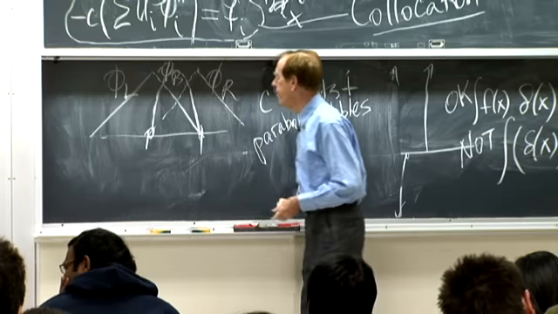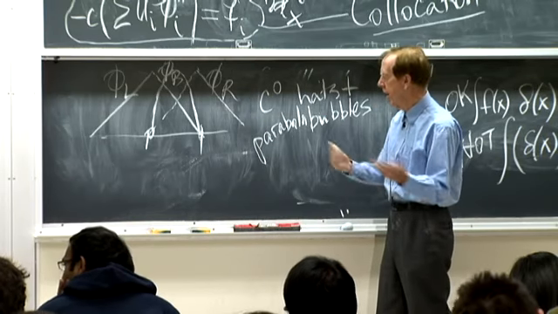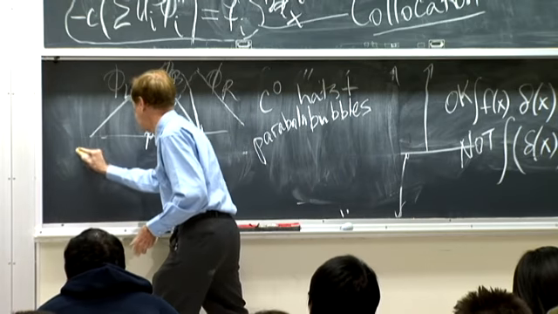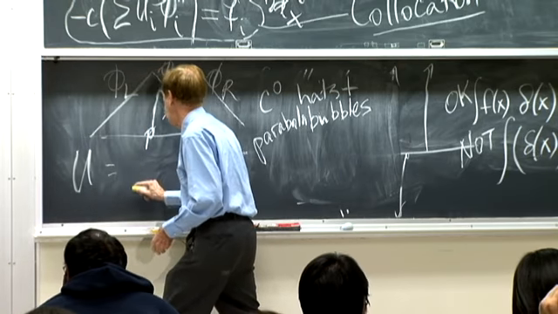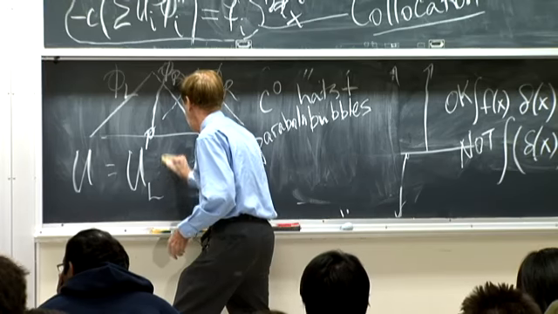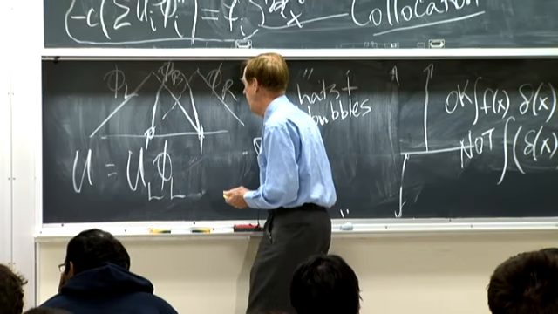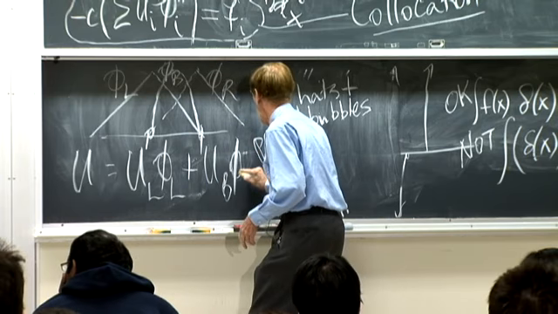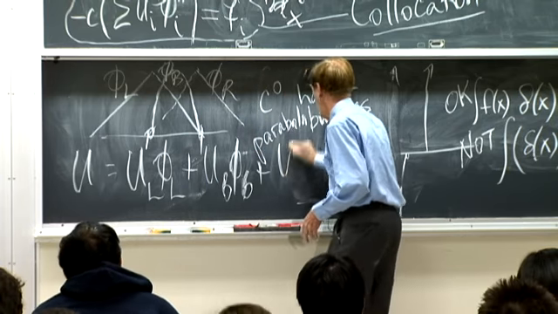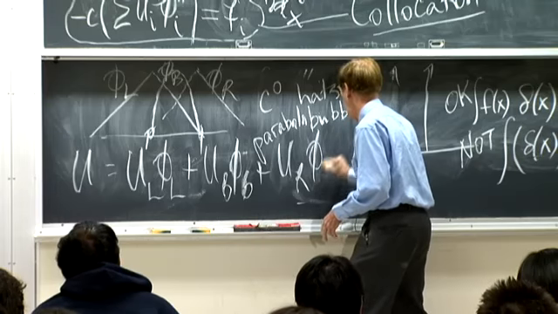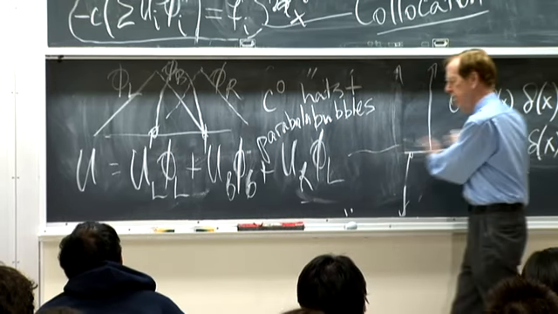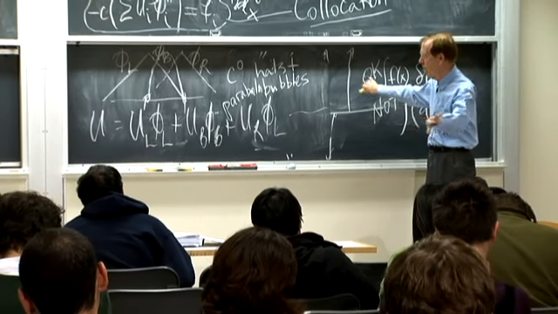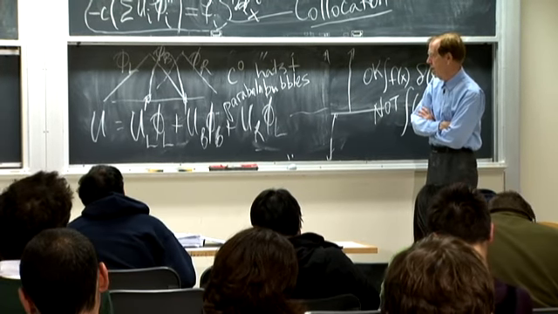So my trial functions, my approximate solution, u, is going to be some amount of that left hat, some amount of the bubble, and some amount of the right hat, and more functions on other intervals.